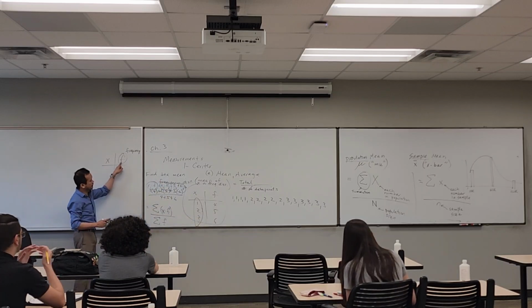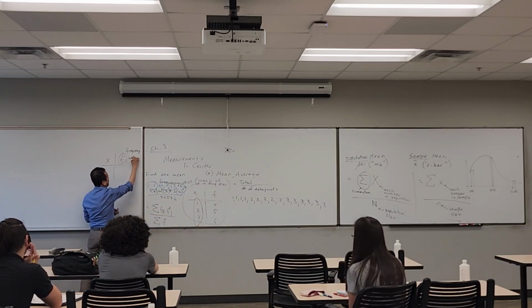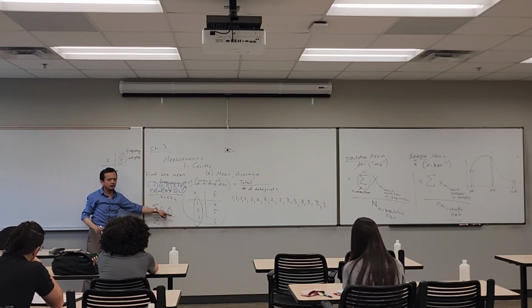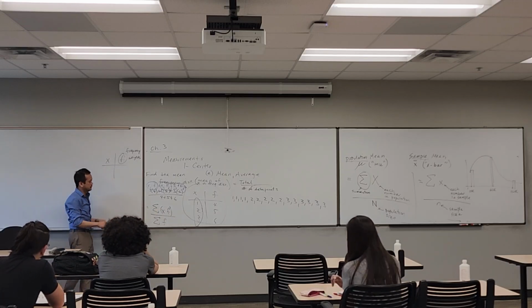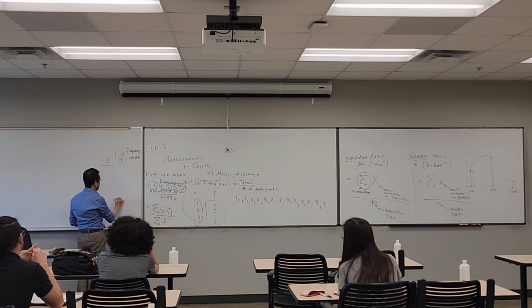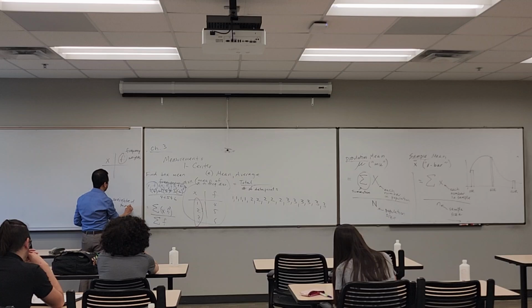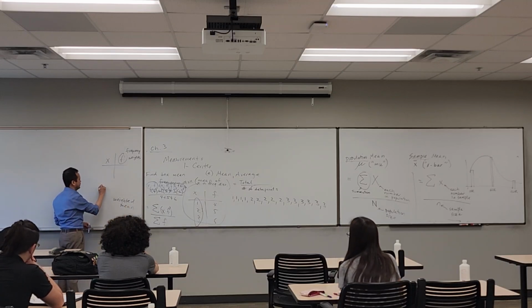So these f's can also be called weights. And because of that, this formula that we just came up with is also called a weighted mean, which is the same as the mean of a frequency distribution.